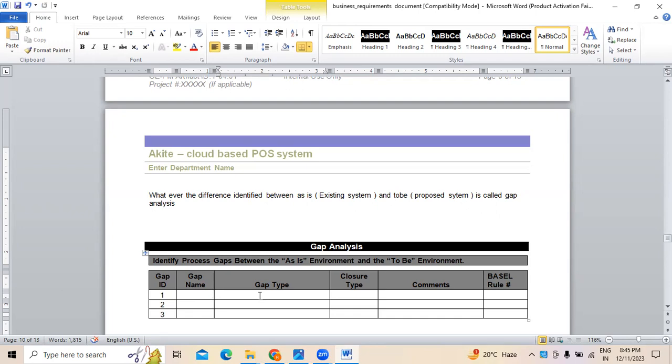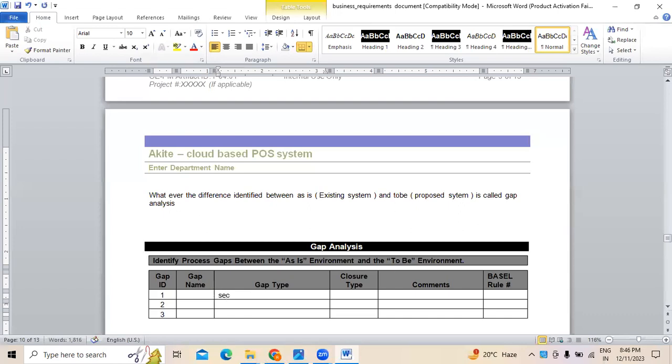Now we have identified a gap: a two-step verification process. For example, after giving user ID and password, we get a one-time password on our registered mobile number. Unless you give that number, you won't be logged in. This is for additional security purposes.